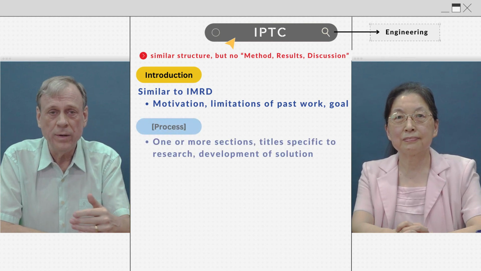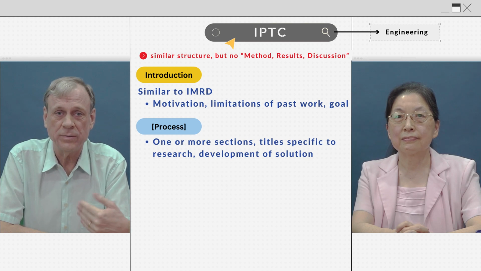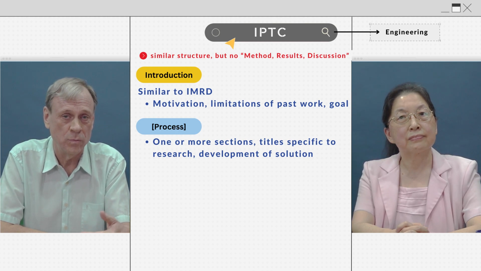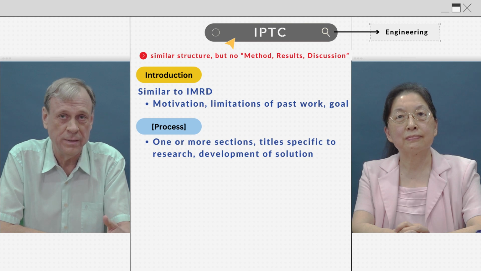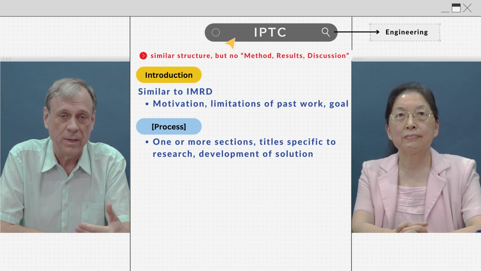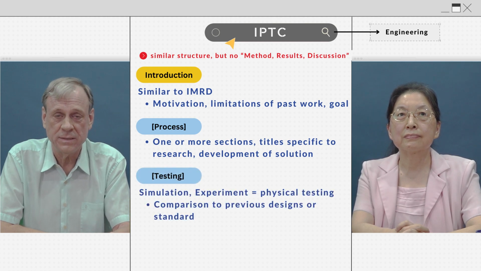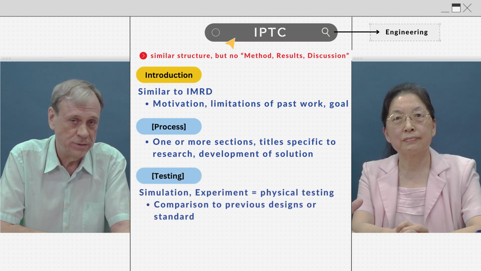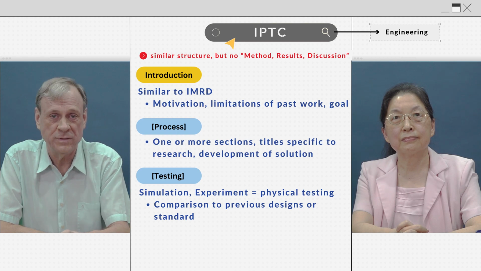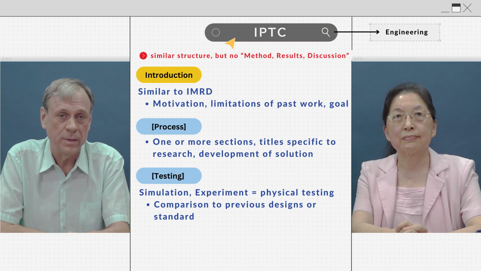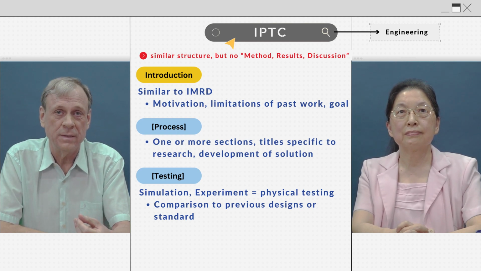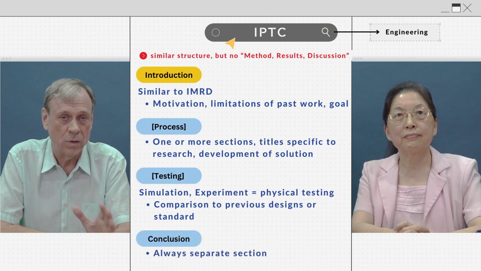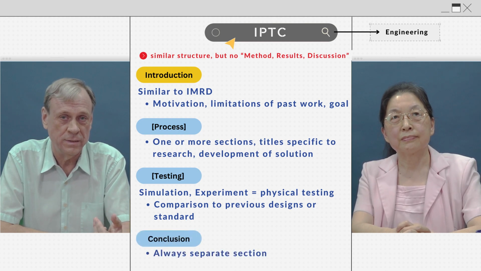But then you have one or more sections that talk about the process of developing whatever that new design is, whatever the new solution is to this problem. And then you have testing, and the testing often has a simulation component or physical component or both. And then the conclusion is always a separate section in engineering.